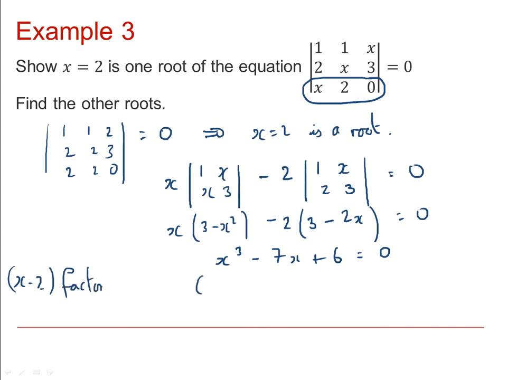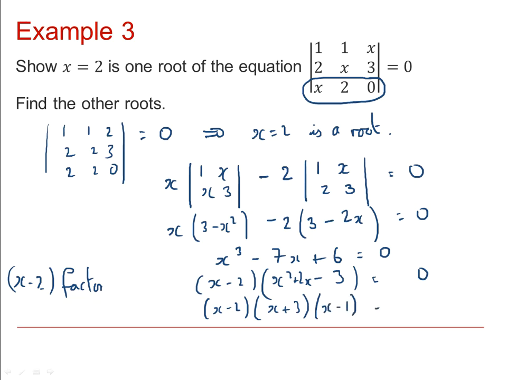So taking that factor x minus 2, we must be left with a quadratic x squared and minus 3 at the end, so the middle term is plus 2x, and you can check that quite easily. And that will give you the negative 7x required. And that factorizes, so we get x minus 2, and it factorizes to x plus 3 and x minus 1 equals 0. So therefore the other roots are 1 and negative 3.